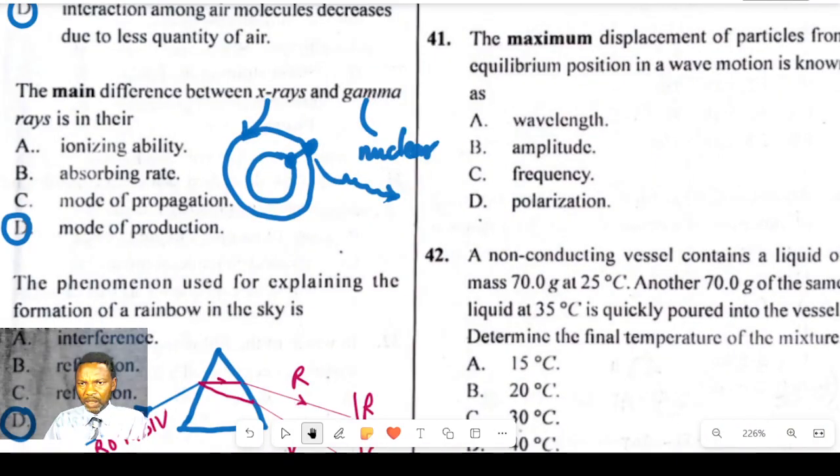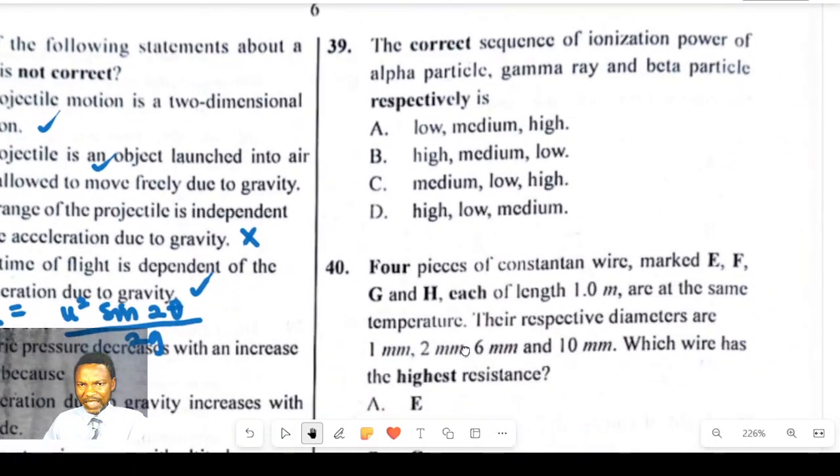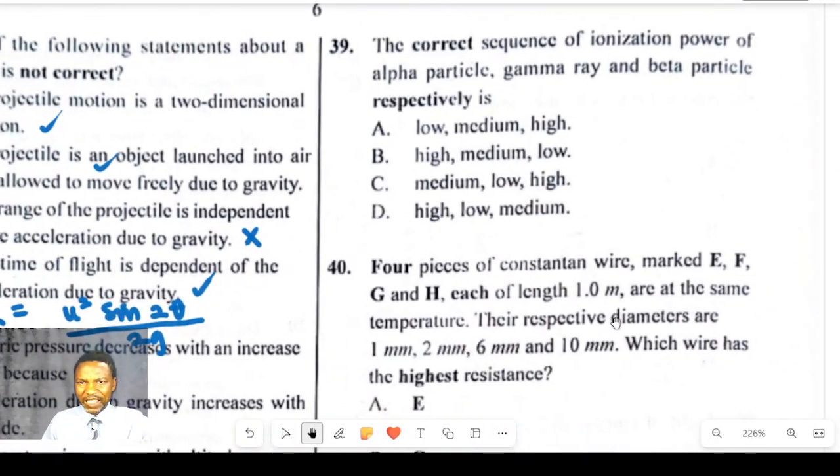Okay, so let's look at the next question. We are getting close to the end. The correct sequence for ionization power of alpha, gamma, and beta. Alpha has the highest ionization power because of its charge and mass, so this one is high.